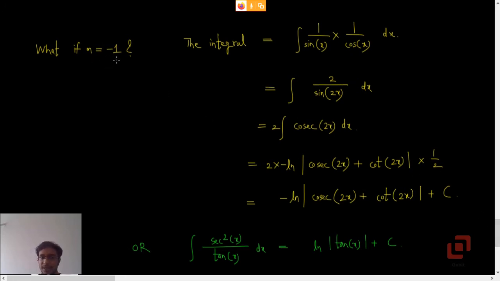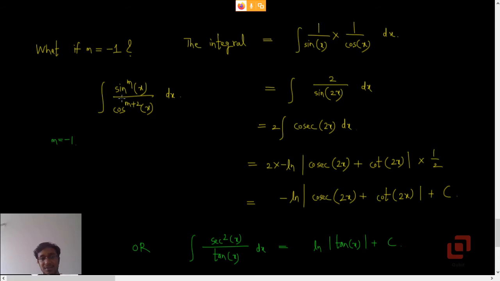If m is equal to -1, then the integral gets simplified to 1 upon sin x into 1 upon cos x. Now, how did this occur? The integral was sin x raised to m upon cos x raised to m plus 2. Here m is -1.